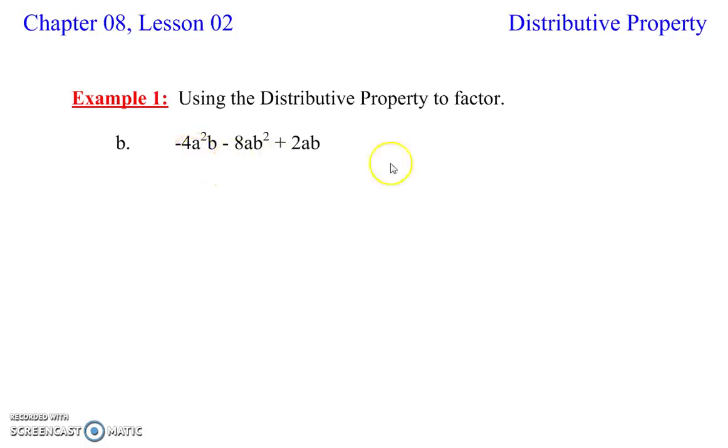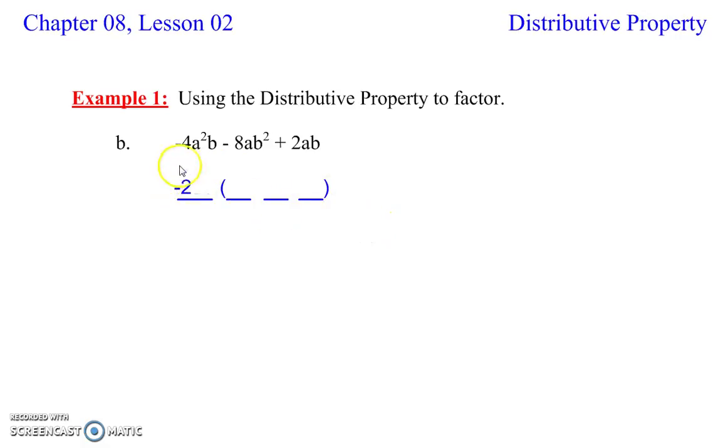Okay, here we have a larger polynomial, and we'll go through and check to see what they all have in common. Every one of them has a 2. Now, I could factor out a negative 2 because these two are negative. If I factor out a negative 2 here, this just becomes negative, so that would give me 2 positives.